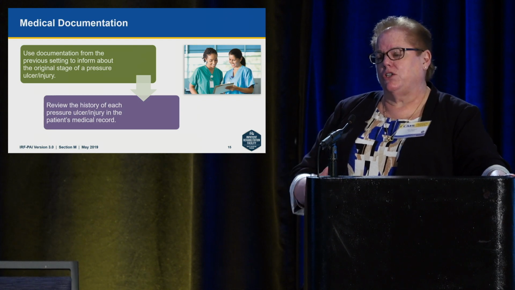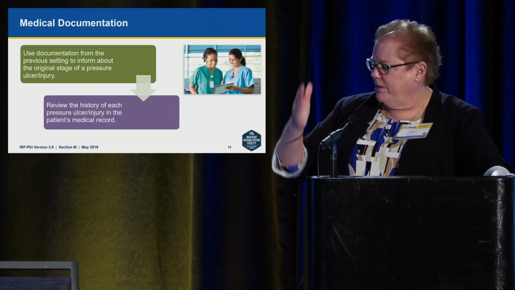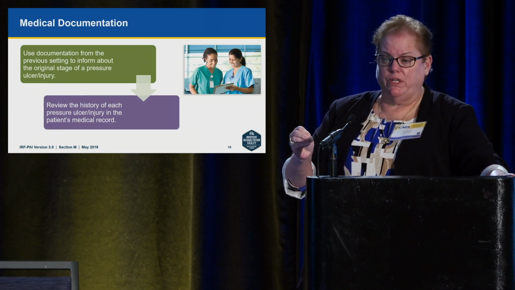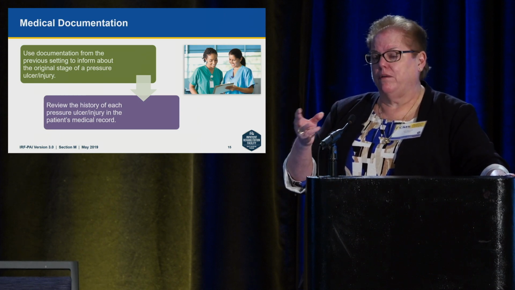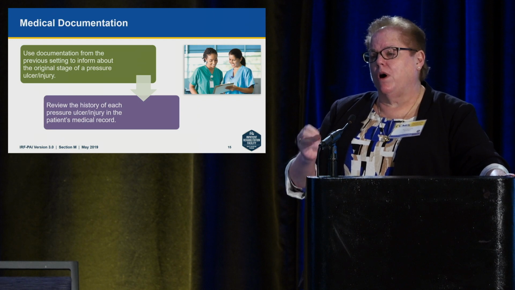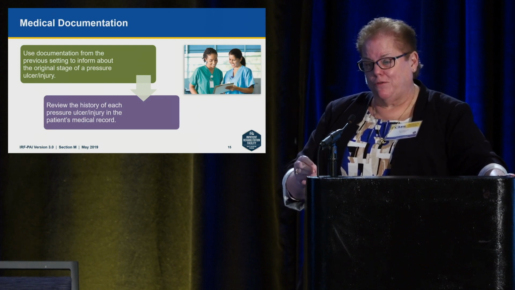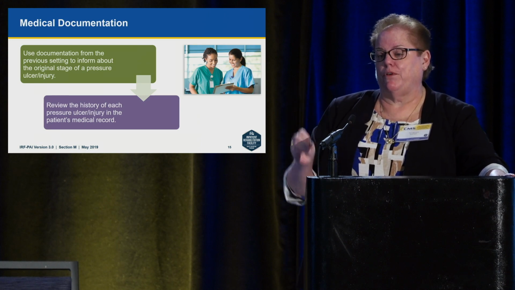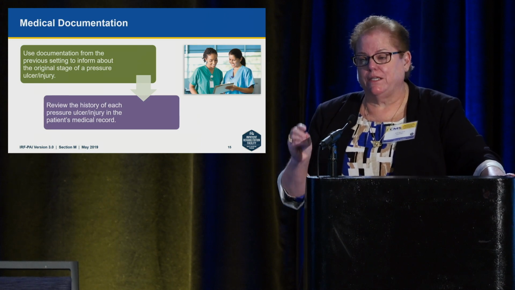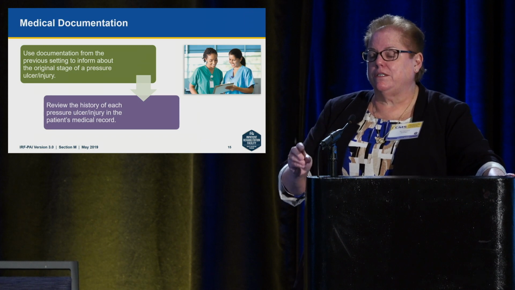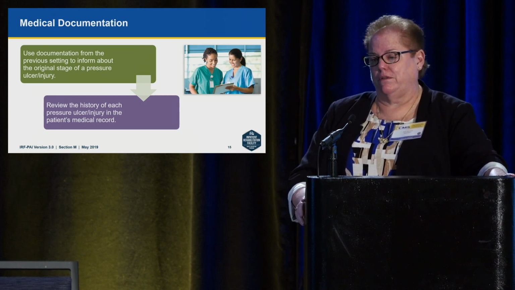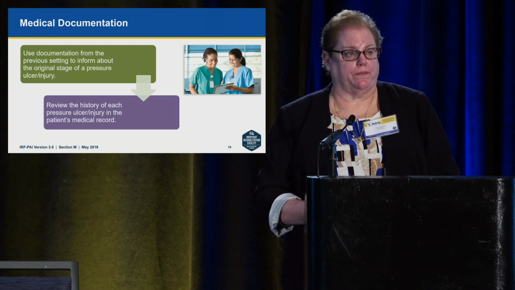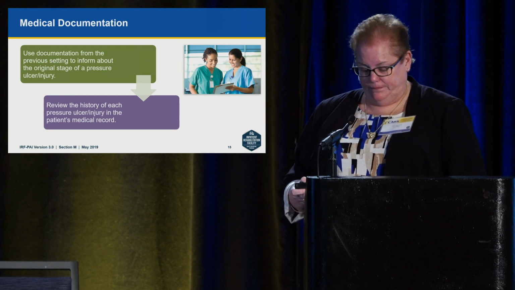By the time they get to you, they had great care, and what you're visualizing looks like a stage 3 to your eye, by your assessment. But what you want to do is code that as a stage 4, right? Because we don't reverse stage, because you know it was a stage 4 from the previous setting. So it will remain a stage 4 until the point that it heals or closes. So it's an important piece of information for you to have.